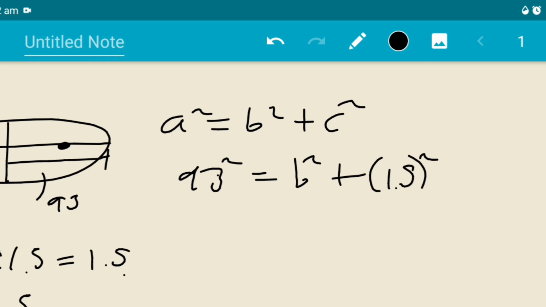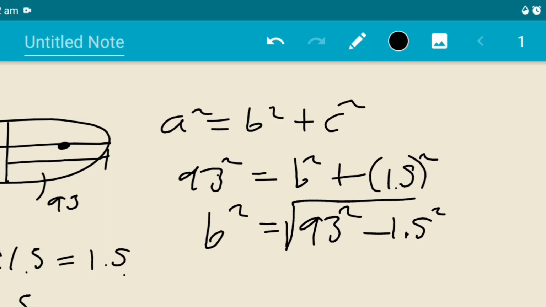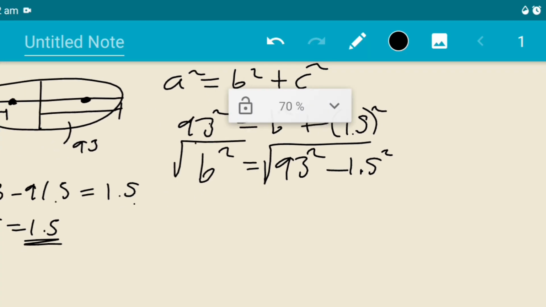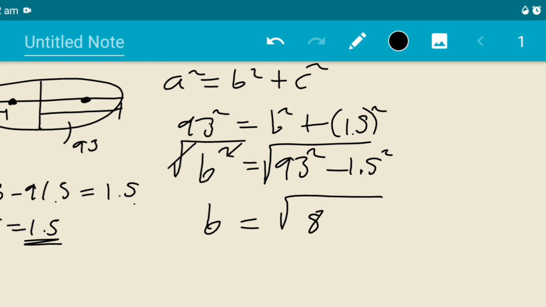So let's solve for B. We say B squared is equal to 93 squared minus 1.5 squared. Then we take the square root of both sides. We cancel this out, we cancel this out. We have B is equal to, when we punch that into our calculator, the square root of 8,646.75. This is what our B would be.